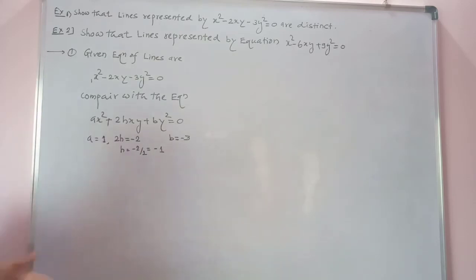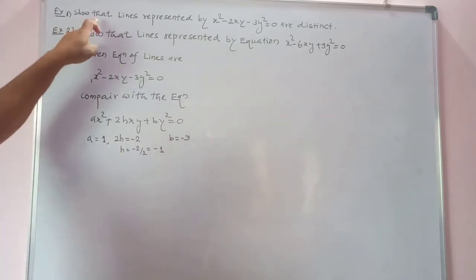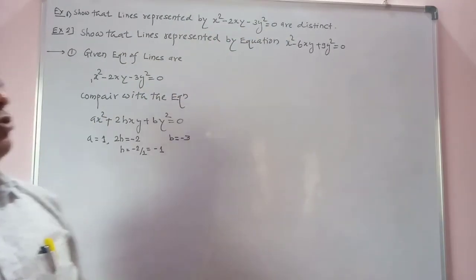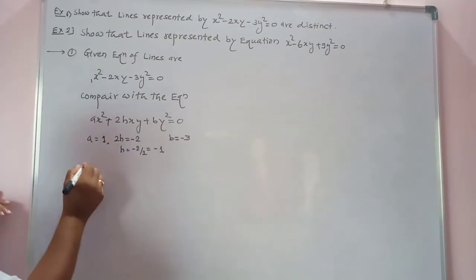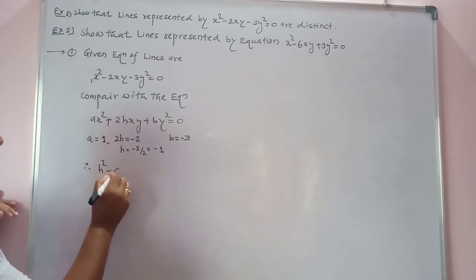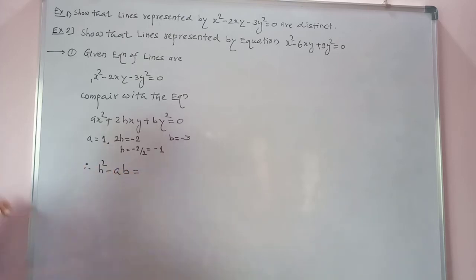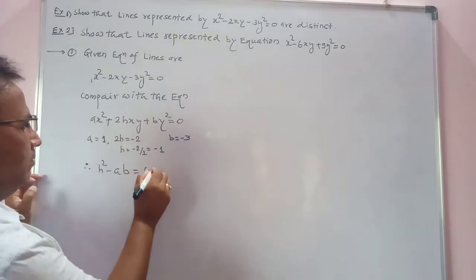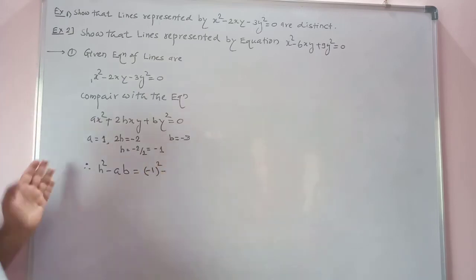We check the value of h square minus ab. The value of h is minus 1, square, minus a into b.